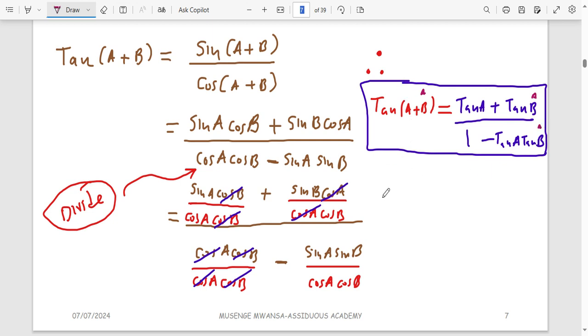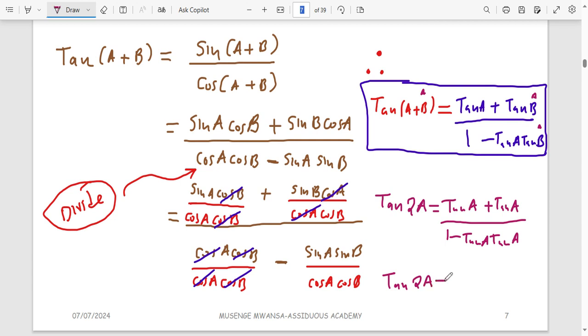And we know that A plus A is 2A. So that would have become tan 2A is equal to tan A plus tan A over 1 minus tan A times tan A. And this would have given us tan 2A being equal to tan A plus tan A, you know that is what? 2 tan A. And then in the denominator, we are going to have 1 minus tan A times tan A, that is tan squared A. So this is the formula we use for a double angle for tan.